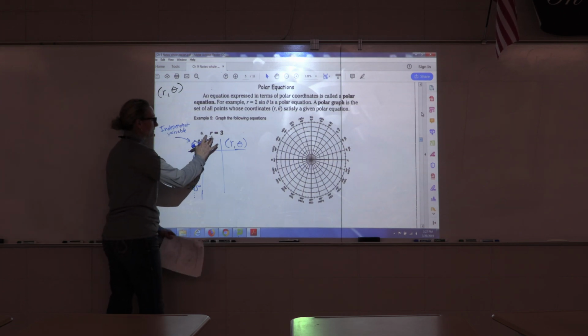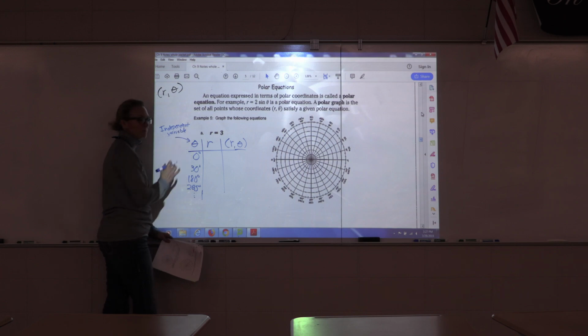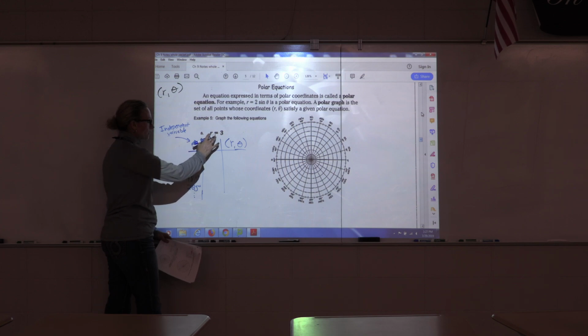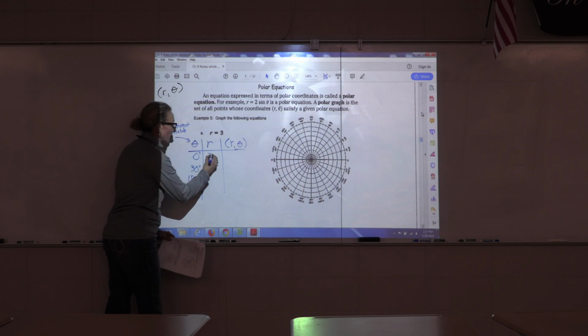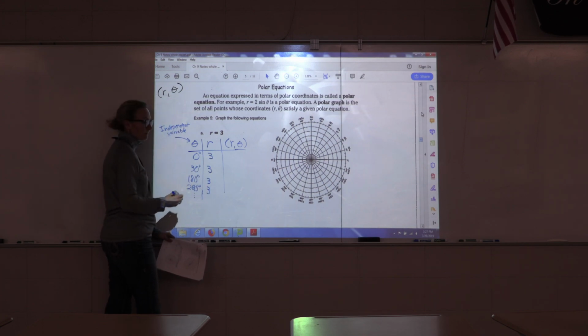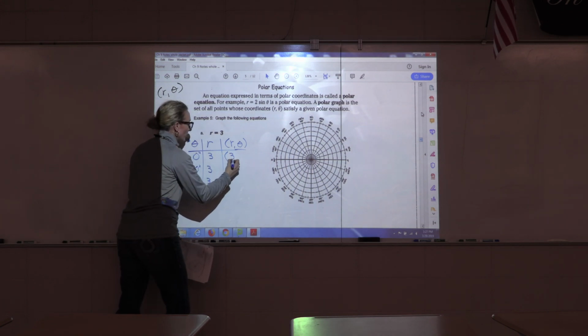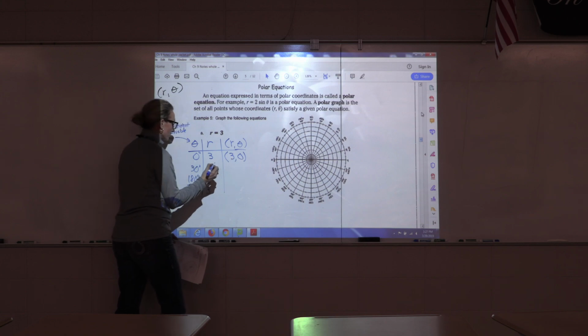Okay, if it says r equals 3, it doesn't matter what theta is. According to this equation, regardless if it's 0 degrees or 30 degrees, the radius is 3. 3, 3, 3. r equals 3. So this is the coordinate 3, 0.